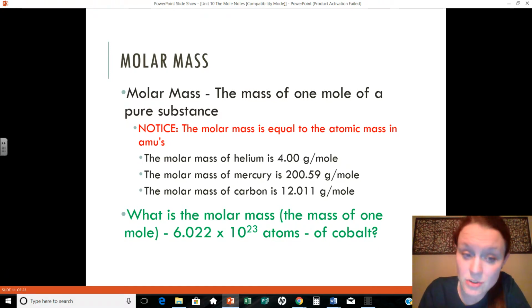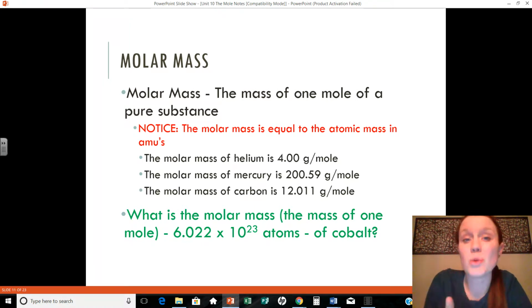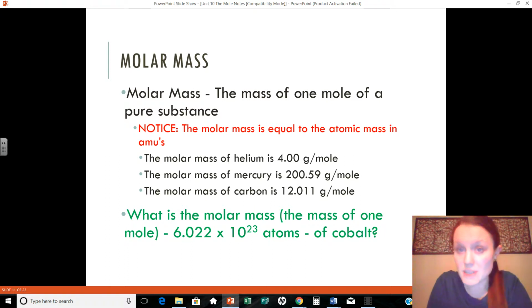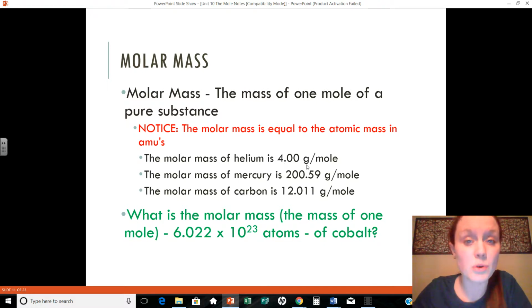When Avogadro calculated the mass of 1 mole of helium atoms, so 6.022 times 10 to the 23rd helium atoms, 1 mole of helium atoms had a mass of 4 grams per mole.